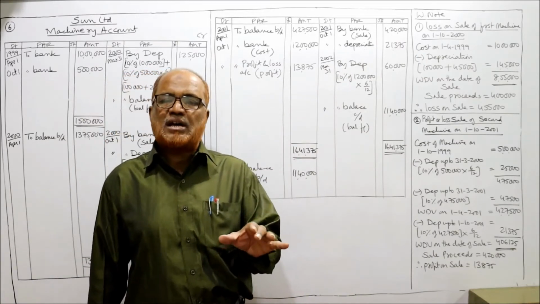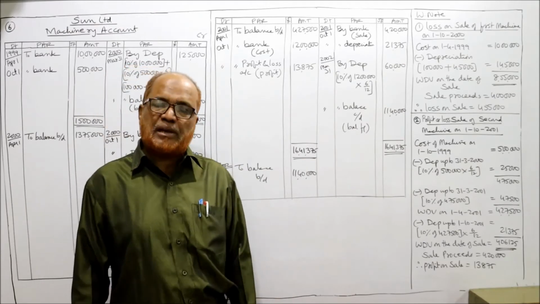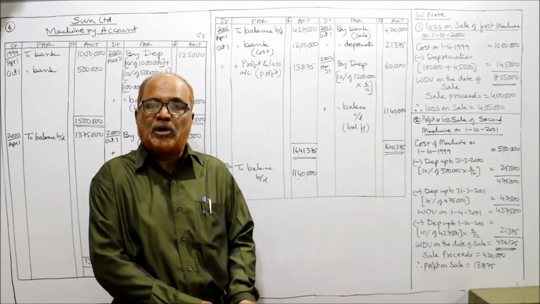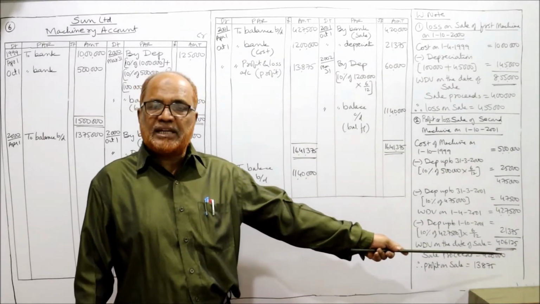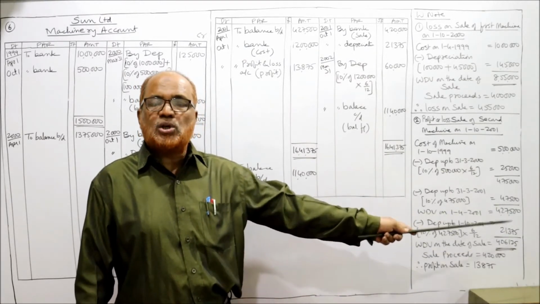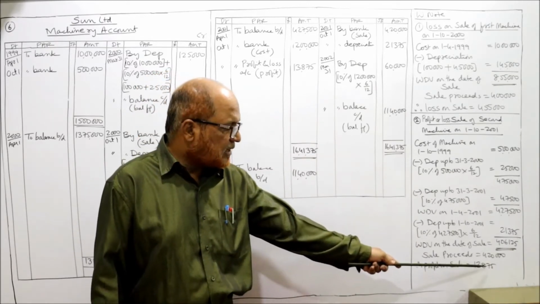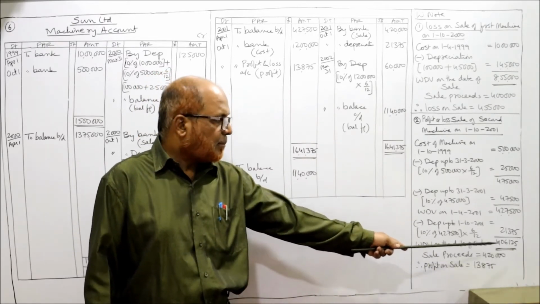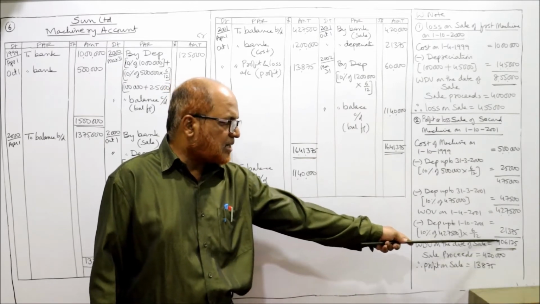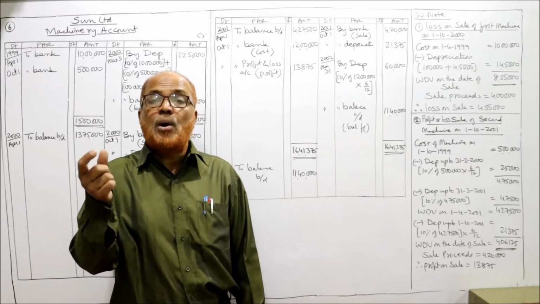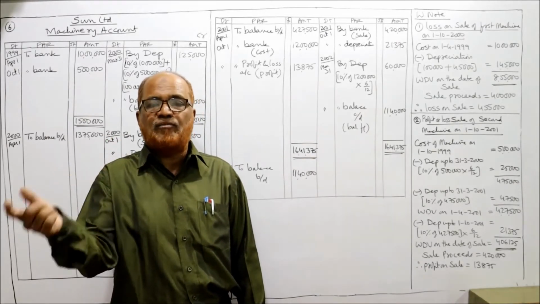Now this is the first time we are coming across a profit on sale. The sale proceeds are more than the WDV, so there is a profit on sale of machine. How much profit? 4,20,000 minus 4,06,125, 13,875 is the profit on sale of machine.